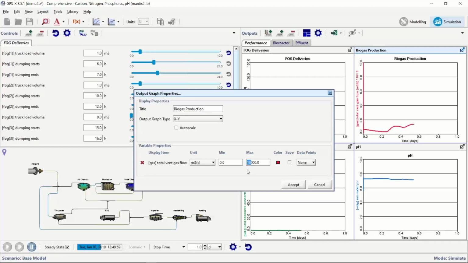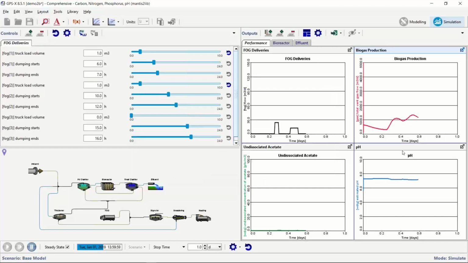Now we can see we've got our early delivery, a really quick one, and then our slower delivery a little bit later in the day. We can see clearly a hump, and the pH went down a little bit. Not too bad. I'm going to push this out and let it run for the whole rest of the week, and it's going to repeat those same 2 deliveries every day.